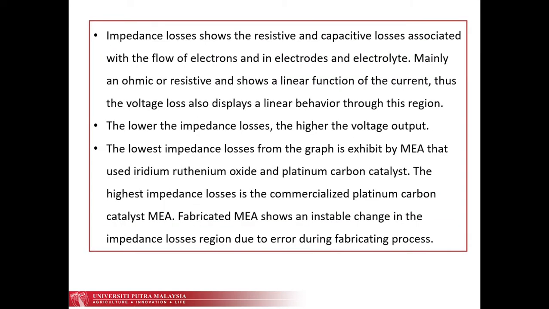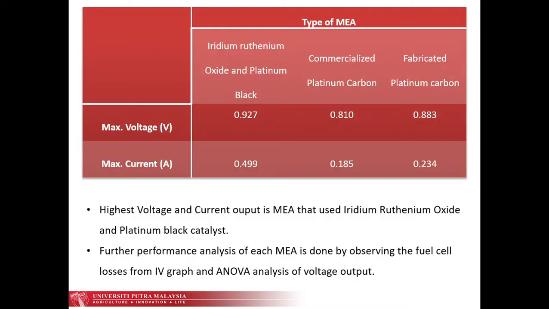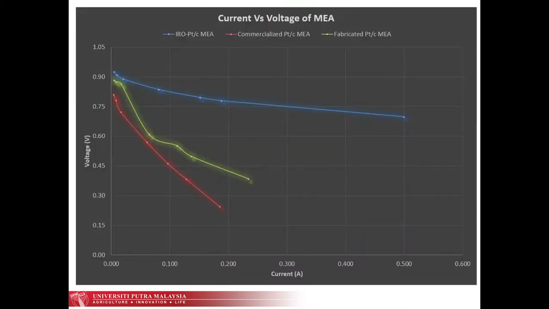The next one is the impedance loss, which shows the resistive and capacitive loss associated with the flow of electrons in the electrode and electrolyte. Since mainly ohmic or resistive loss shows a linear function of the current, the voltage loss also displays linear behavior in this region. So to identify this region, the impedance loss has a linear shape.